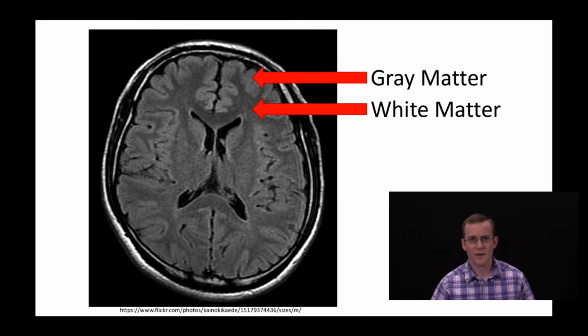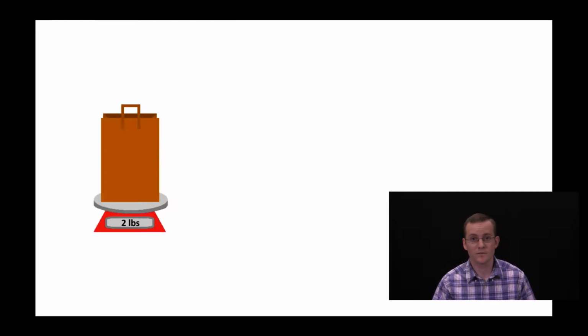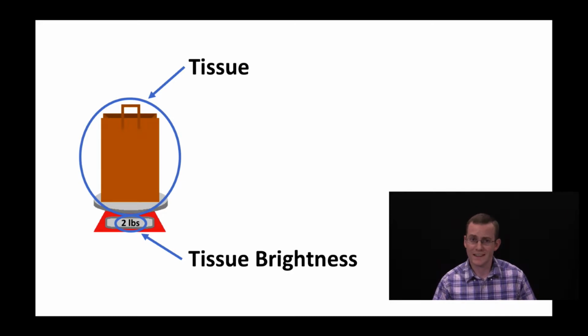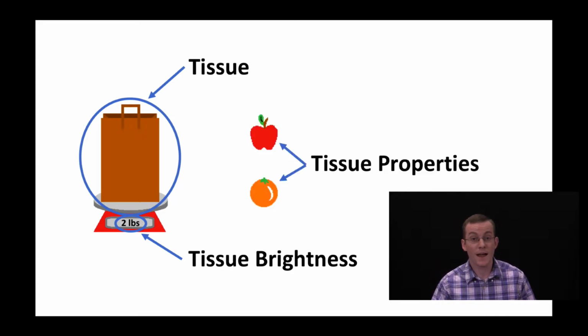Now that we understand how tissue properties affect an MRI image, we can understand how apples and oranges relate to MRI. The paper bag represents a tissue in an MRI image. The weight of the bag represents how bright the tissue is in the image. And the fruits inside the bag represent the different properties of the tissue.